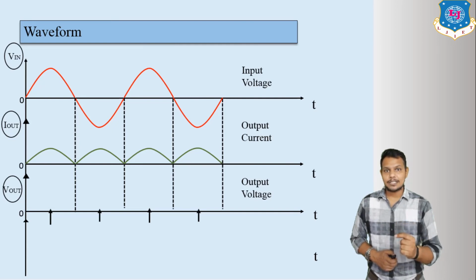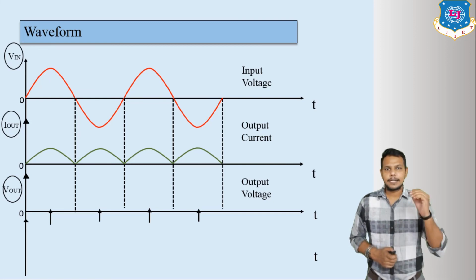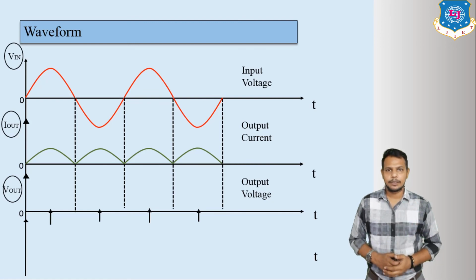Why twice? Because at a time two diodes work in forward bias. So twice Rf plus RL, that means load resistance. That's why its amplitude is lower than the voltage.